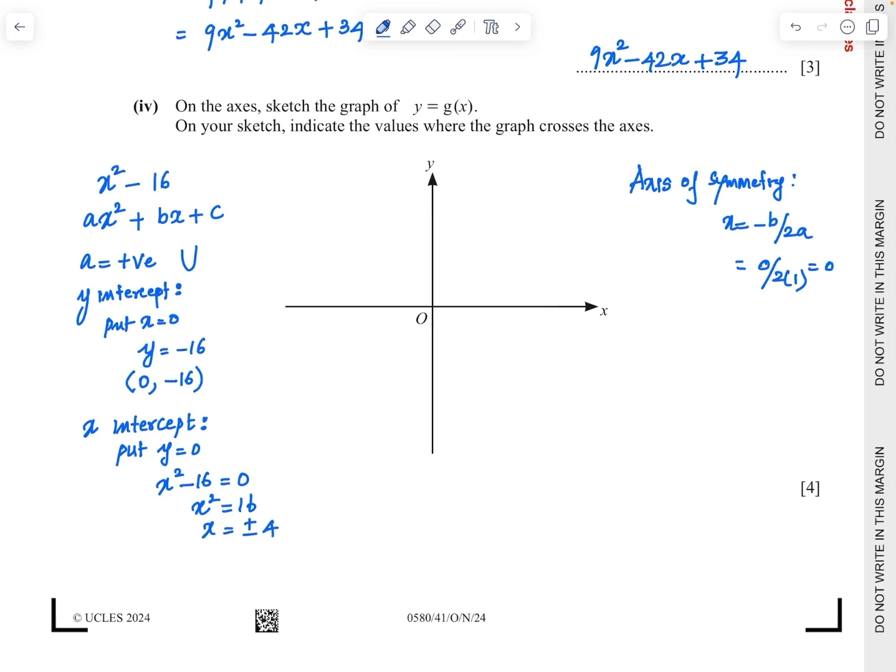So putting this x is equal to 0 in the given equation, we will get y as minus 16. So the turning point is 0, comma minus 16.